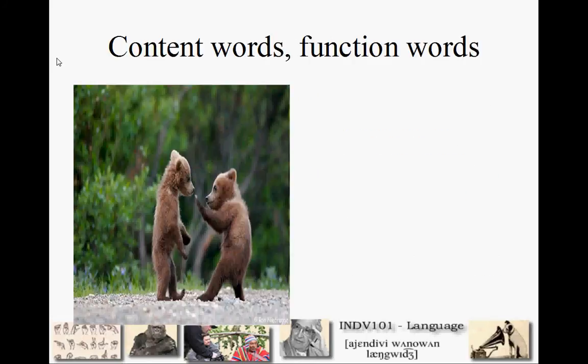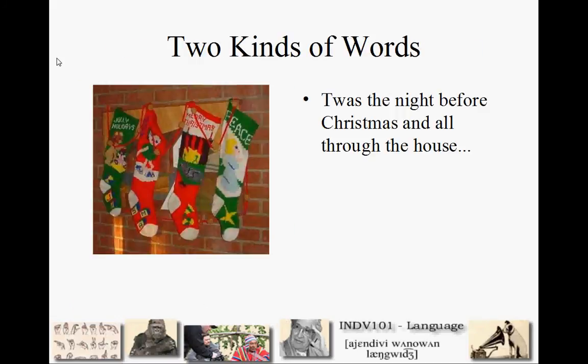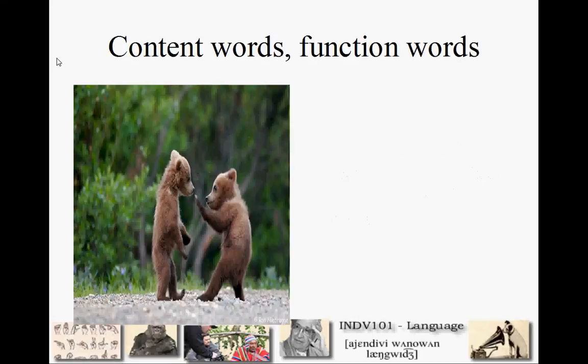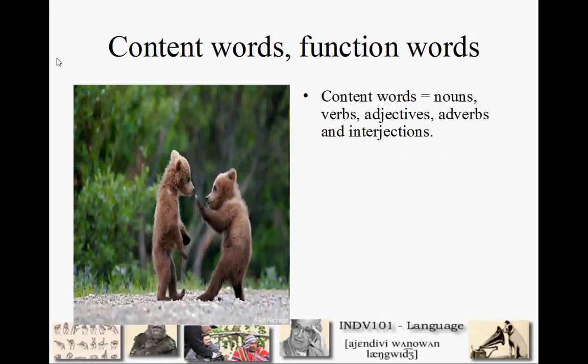So this is the distinction between content words, the green words, and function words. Content words are these green ones, and function words are the blue ones. Content words are nouns, verbs, adjectives, adverbs, and interjections. Interjections are words like yes, no, hello, things like this.